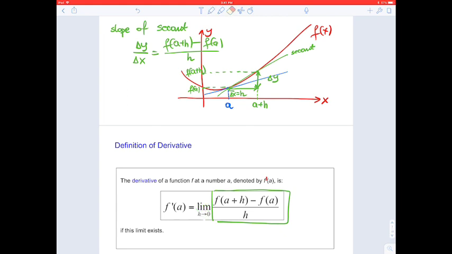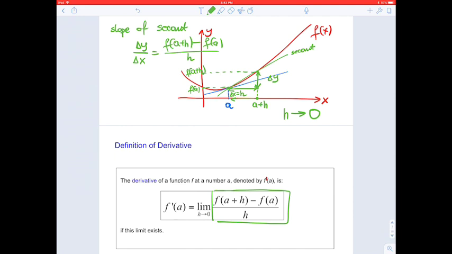But if I would like to define the slope of the tangent, I have to move this point really close to the point a. This results in h being extremely small. If h is extremely small, I can't say h is 0, because I can't have exactly that point. I have to be extremely close.